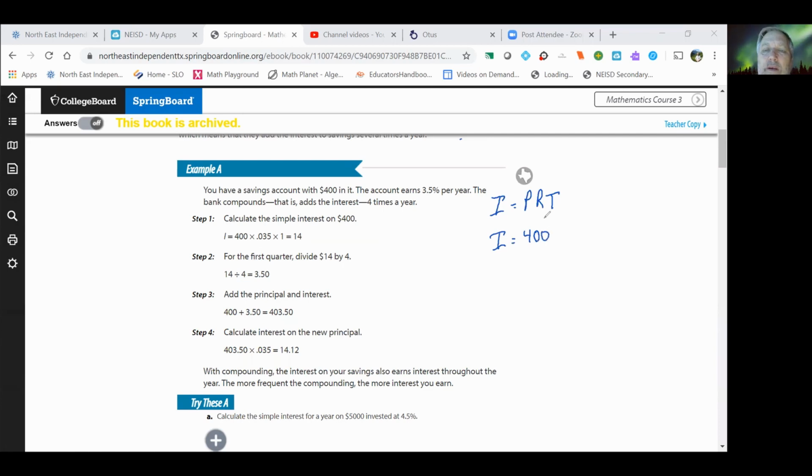The rate is 3.5%, so as a decimal, that's 0.035. It's for 1 year, so we multiply that by 1. When we multiply that, we get the interest of $14.